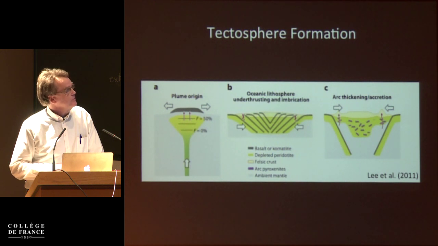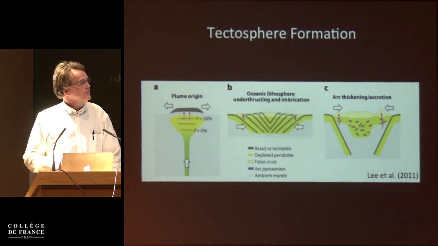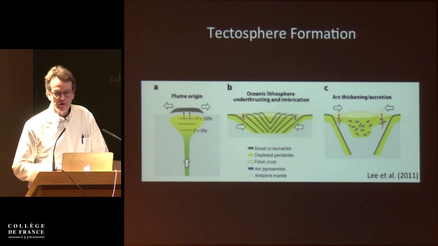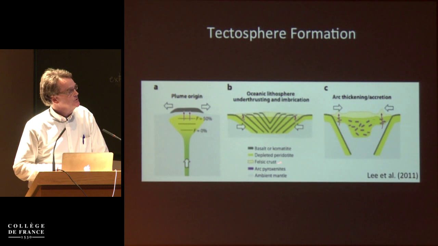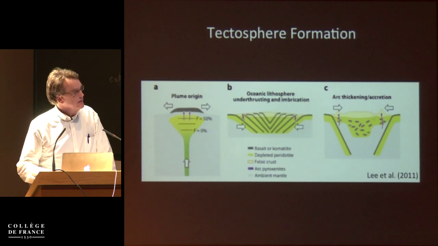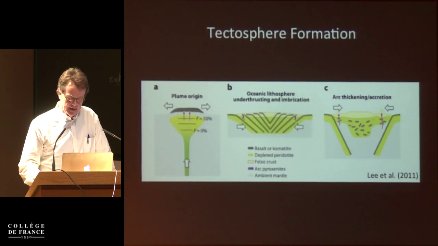Then there's the idea of underthrusting and imbrication of oceanic lithosphere, and that's one way of collecting together depleted lithospheric material, but you also have oceanic crust involved, which would then turn to eclogite. So you've got to remove some of that if you want this thing to be buoyant. And then the third one, of course, is through arc magmatism and the depleted material associated with the passage of fluids and partial melting in the wedge environment over time.